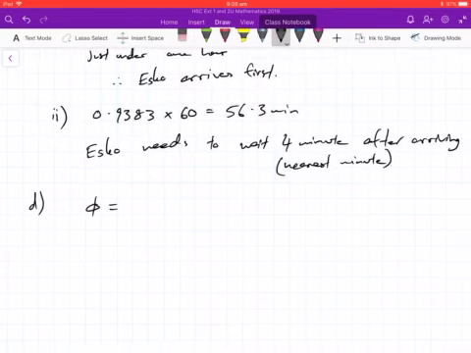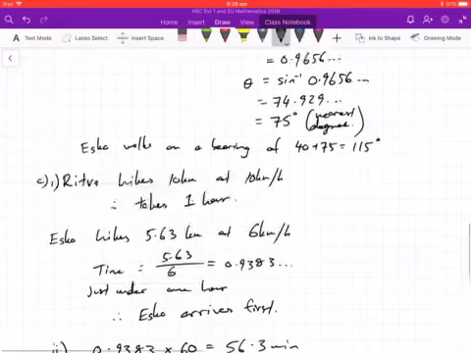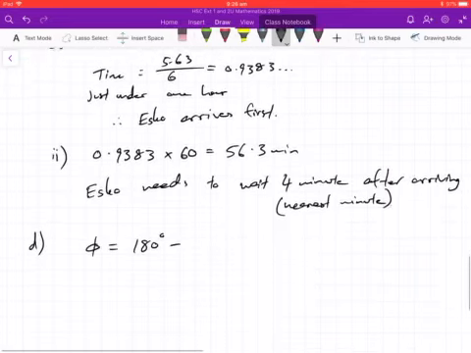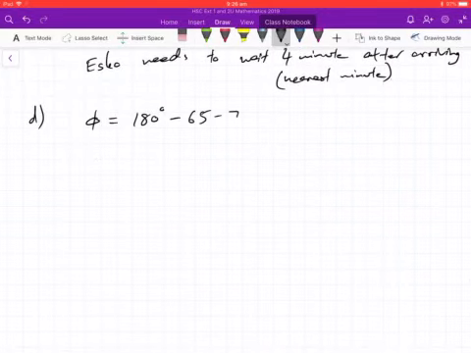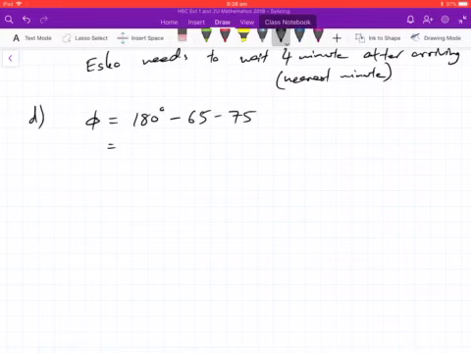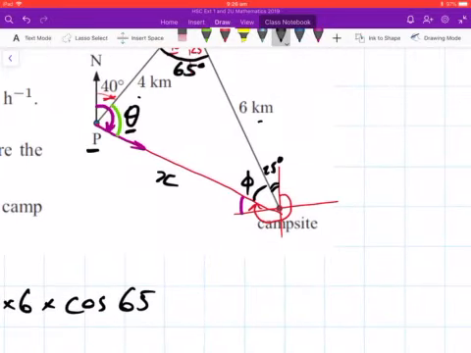Phi is equal to 180, in that triangle, minus the angle at the top, which is 65, and we found in the previous section that theta is 75, so 180 minus 65 minus 75, which is equal to 40 degrees. I'll go back up to the diagram, so that is 40 degrees.